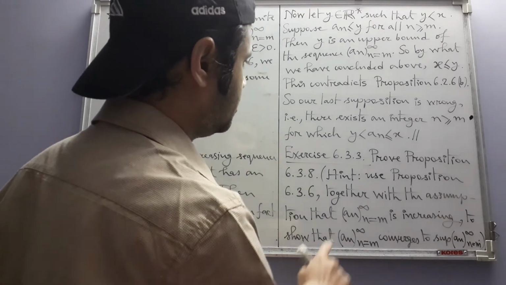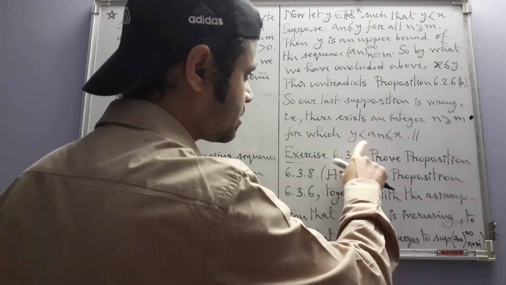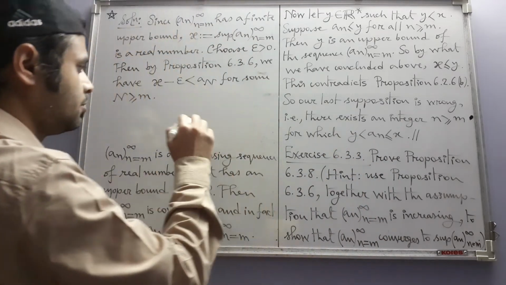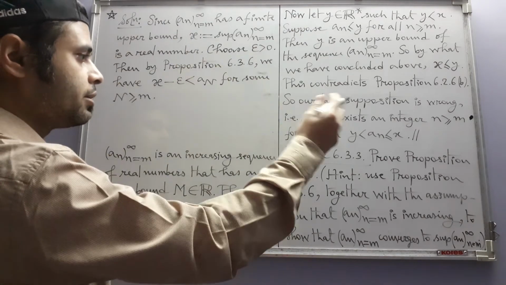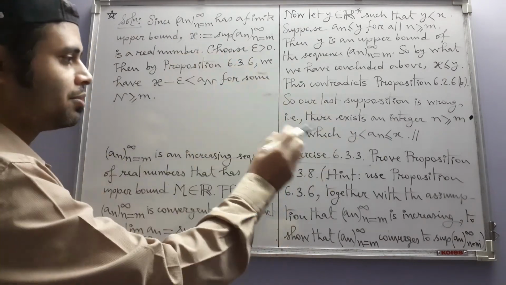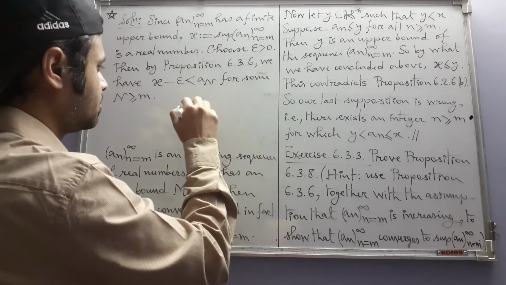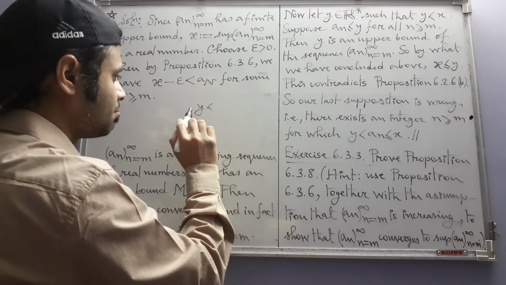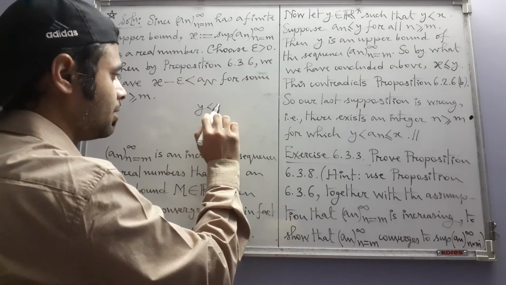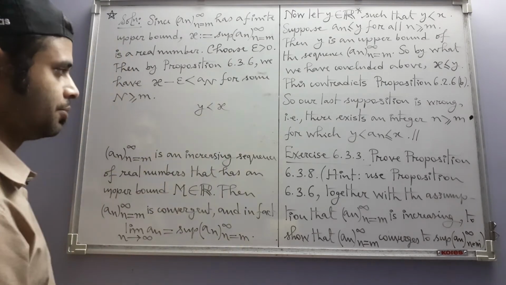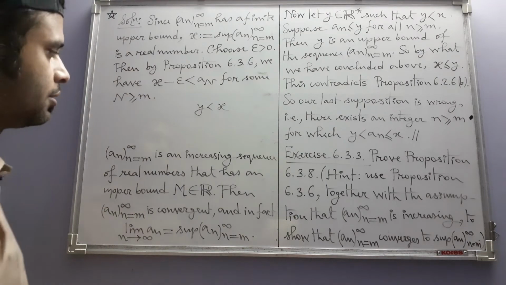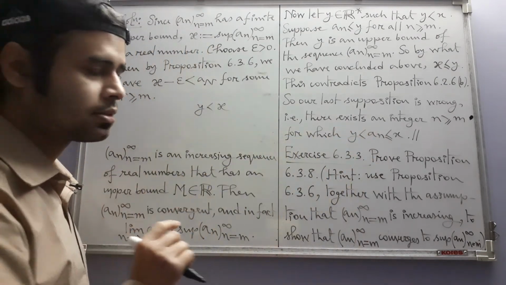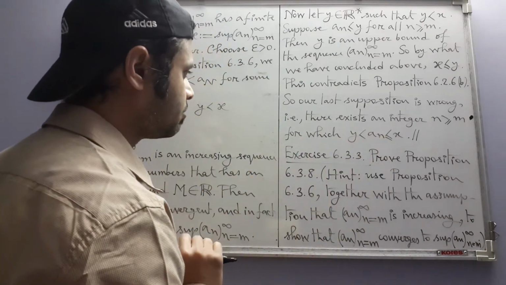You see, we have proved this last part of proposition 6.3.6, where we had this. Just like there, here also x is the supremum of the given sequence. Now, if we choose an extended real number y that is less than the supremum, then there exists at least one term in the sequence that is strictly greater than y.